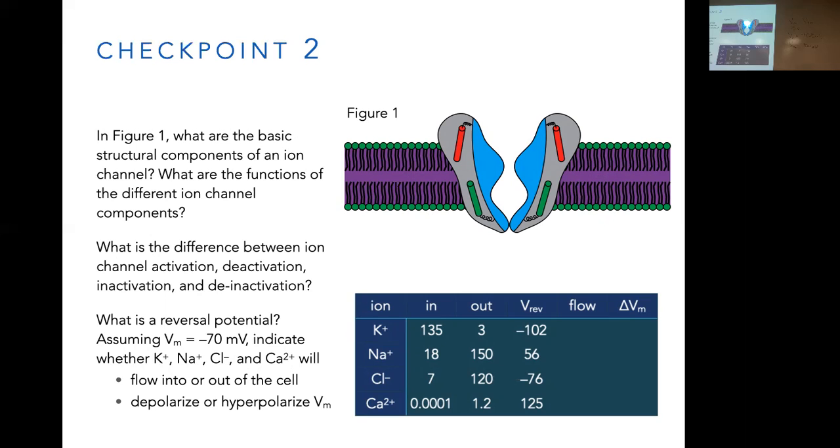The selectivity filter. That's what we call that part. I'm trying to lead you there, but that's all right.